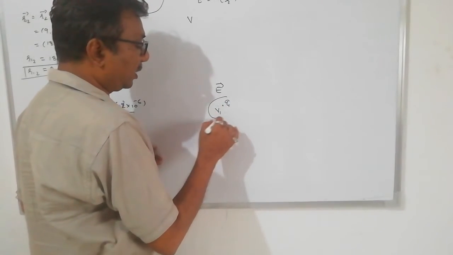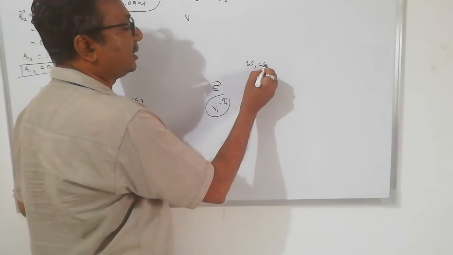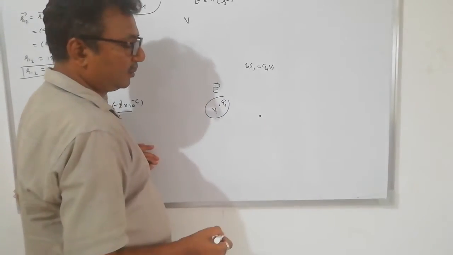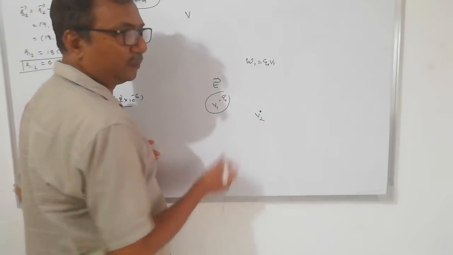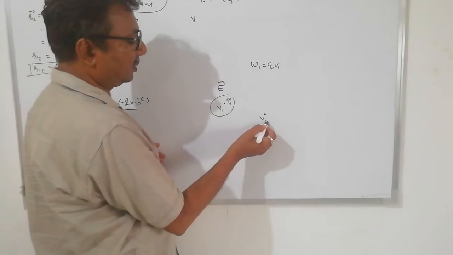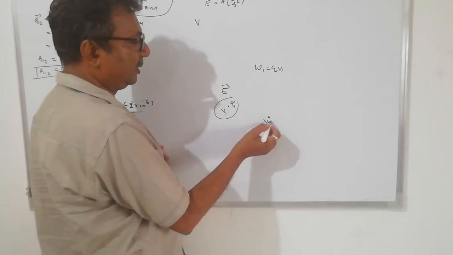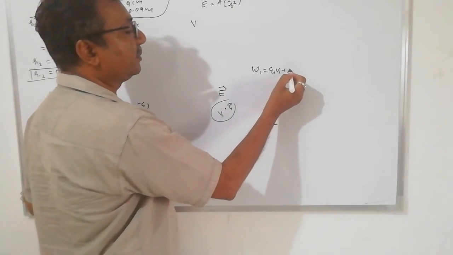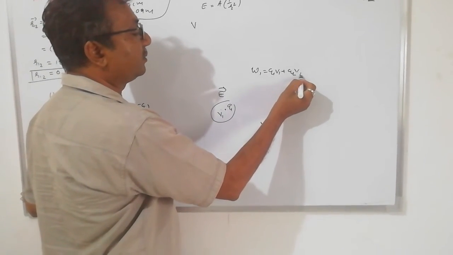So first of all, work done W1 is equal to Q1 V1. Now at another point V2 potential is present, and when you take Q2 charge over there, it must be another work done Q2 V2.